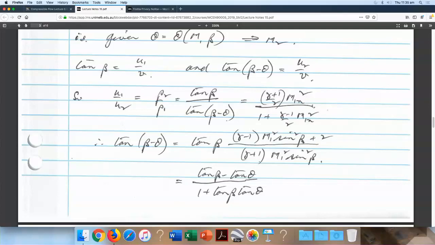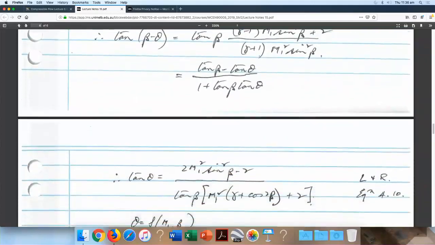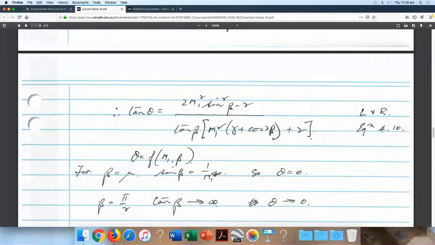So when V goes to 0, you'll get the normal shock again, and tan of beta goes to infinity, and then this is also going to 0. So there are two places where theta is equal to 0: one when beta is pi on 2, and one when beta is mu.